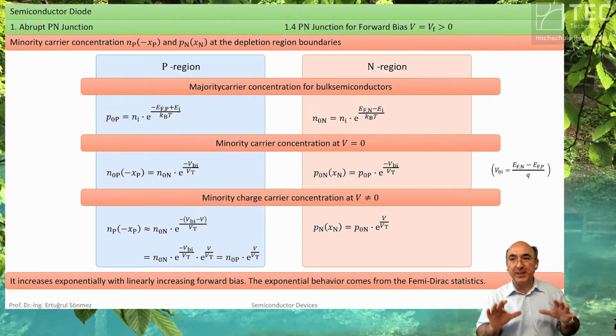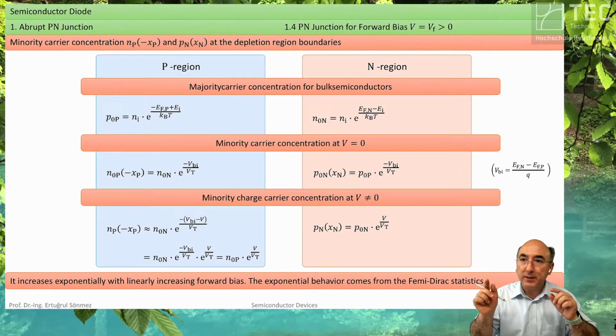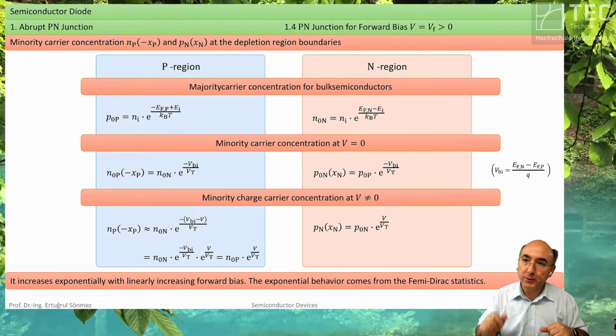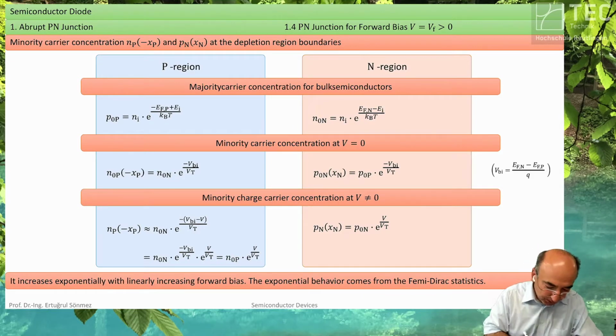I have put together equations. These equations should tell you something. Let's put their sense together. I am not on the equations themselves, I am on the sense of these equations.